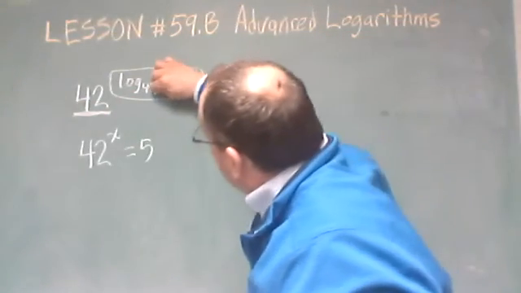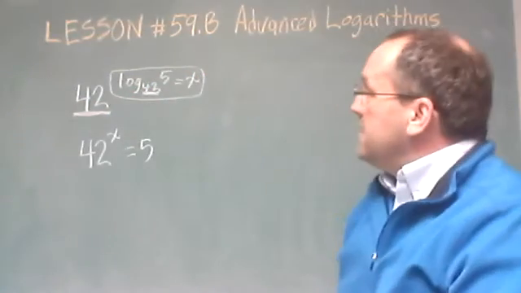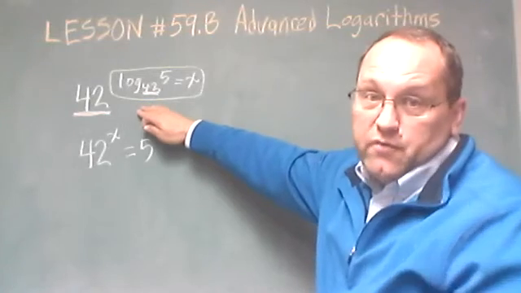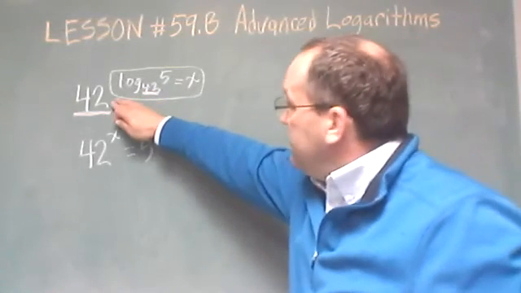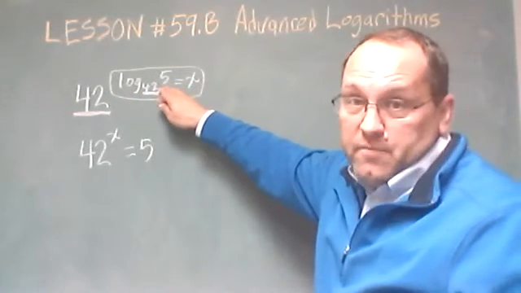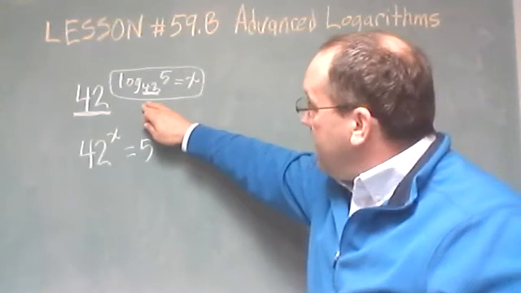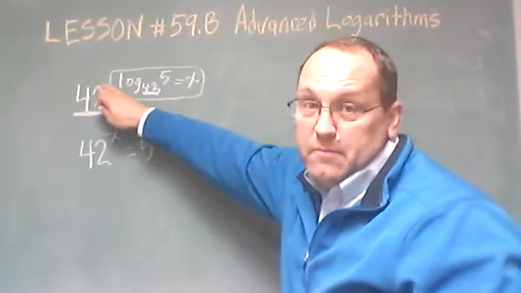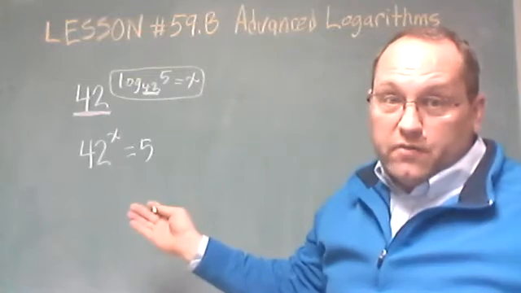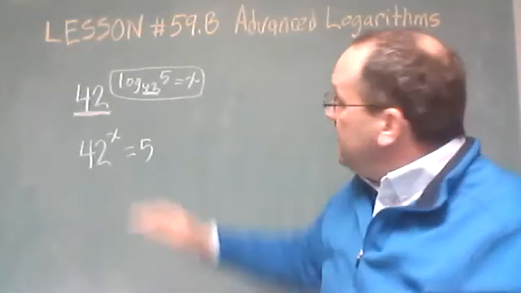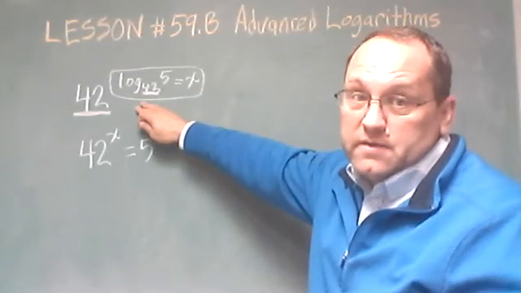The base is 42, and it's a bare bones logarithmic expression. It's the logarithm of the argument to that base, okay? That's what we have. We don't have any numbers in front of it. We don't have any logarithmic expressions added to it. It's just a bare bones logarithmic expression.